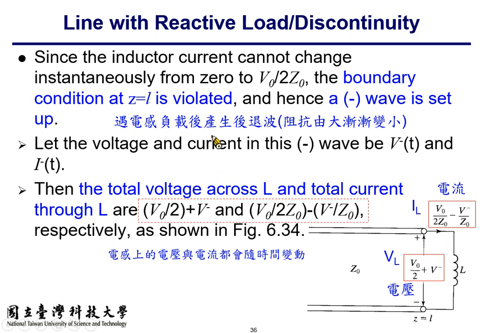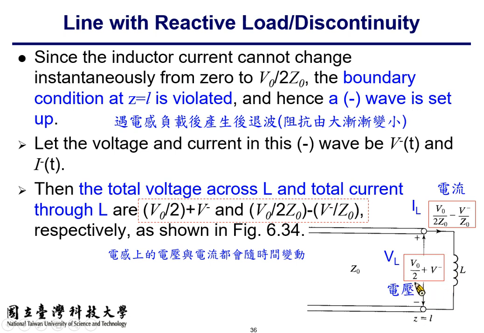Therefore, we shall have the V minus and I minus signal due to the discontinuity at the right-hand side. Knowing that the V minus and I minus signal also abide by the characteristic impedance relationship, that is, I minus equals the negative of V minus over Z sub 0, we can find the total voltage and the total current.